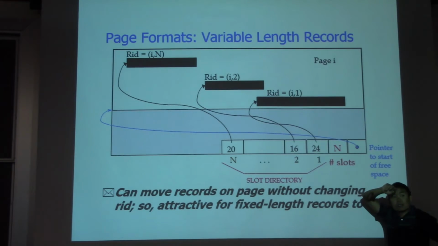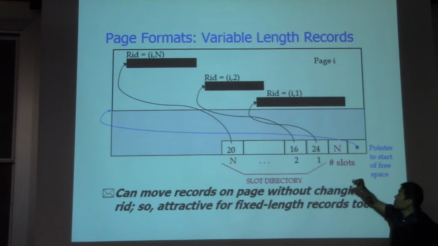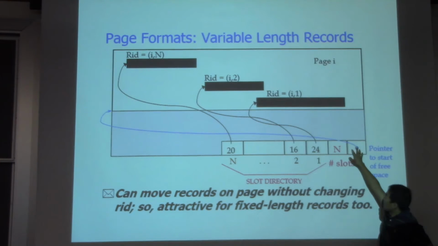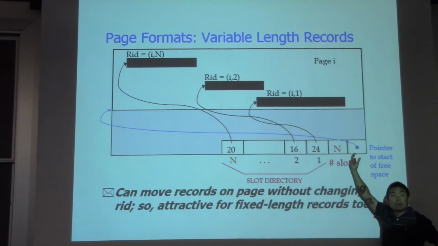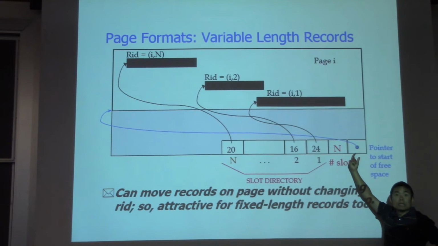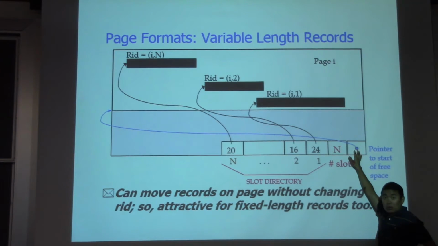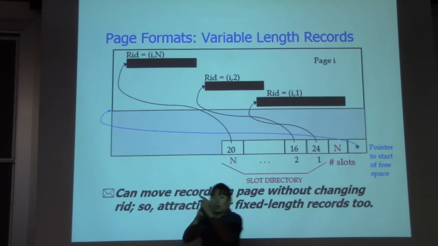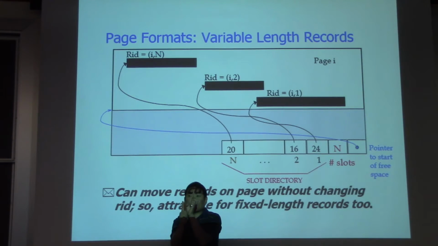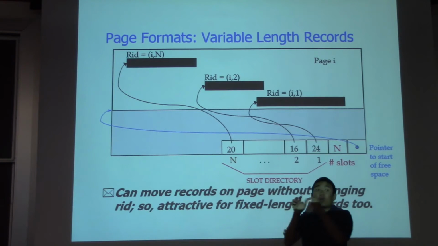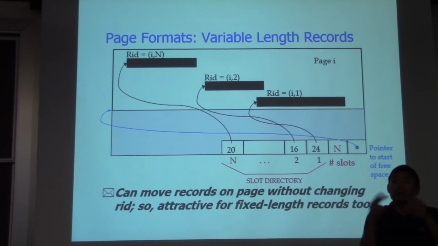Slot directory has a couple of key components. The first one is this blue dot here, which is drawn as a pointer, but in the practical implementation, this is essentially an offset value to the boundary between record space and free space. When you talk about offset, you can calculate this in two ways.